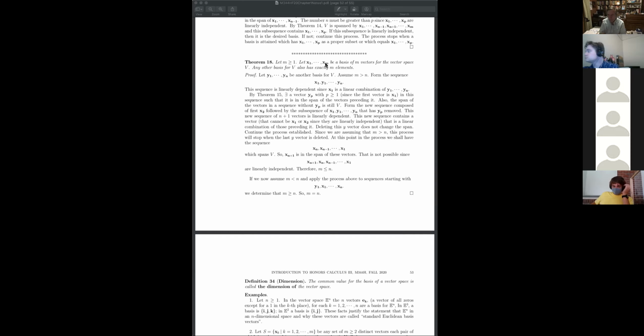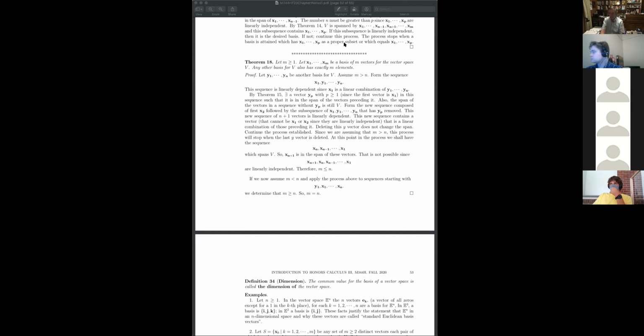Now, earlier we said i, j, and k is a basis for E3. Therefore, any basis for E3 has 3 elements. That is what we call the dimension. So the dimension of the space is the number of elements in the basis. So if you find the basis and you can count it, the number of elements is the dimension.